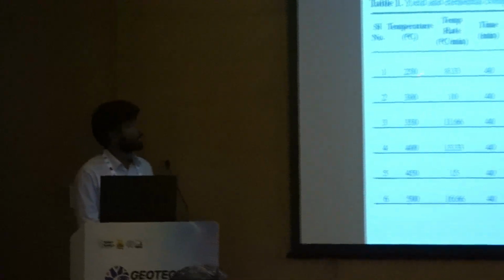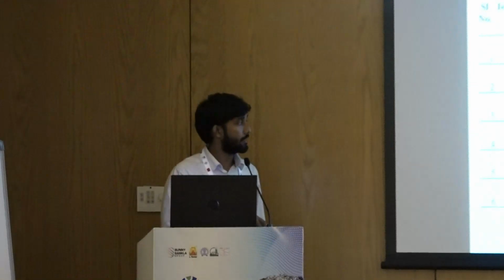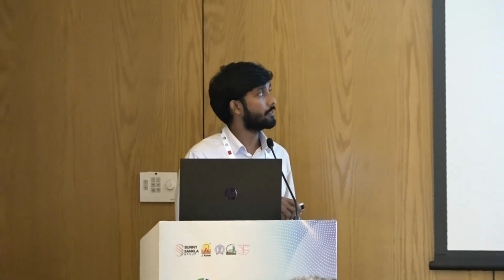So, at varying temperatures from 250 degrees Celsius to 500 degrees Celsius, maintaining a constant time of 40 minutes, we analyzed the yield and elemental compositions of biochar. Here, the maximum yield was achieved at 350 degrees Celsius, that is 25%.